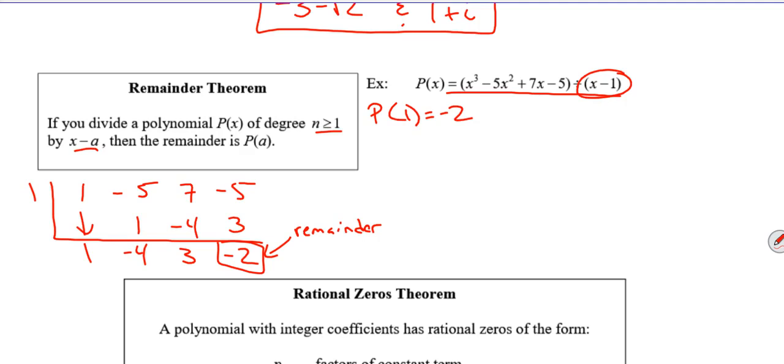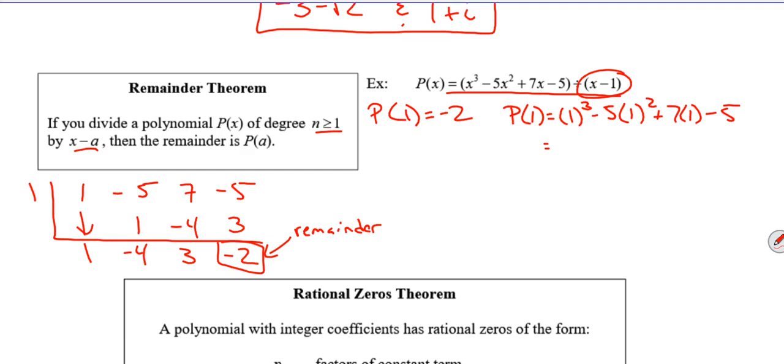That's the remainder theorem. If I synthetically divide by 1 and get a remainder of -2, then if I plug 1 into my function, P of 1 is 1 cubed minus 5 times 1 squared plus 7 times 1 minus 5, and I should get -2.